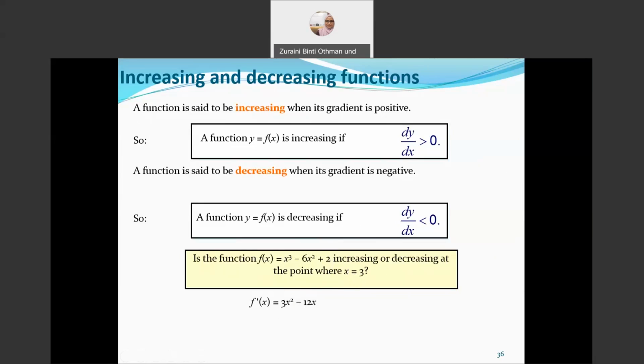So, in order to know at this particular point, is it increase or decrease, we have to substitute x inside this. Okay, we get it is equal to -9. Then we can conclude that at point x is equal to 3, this function is decreasing, dia menurun.